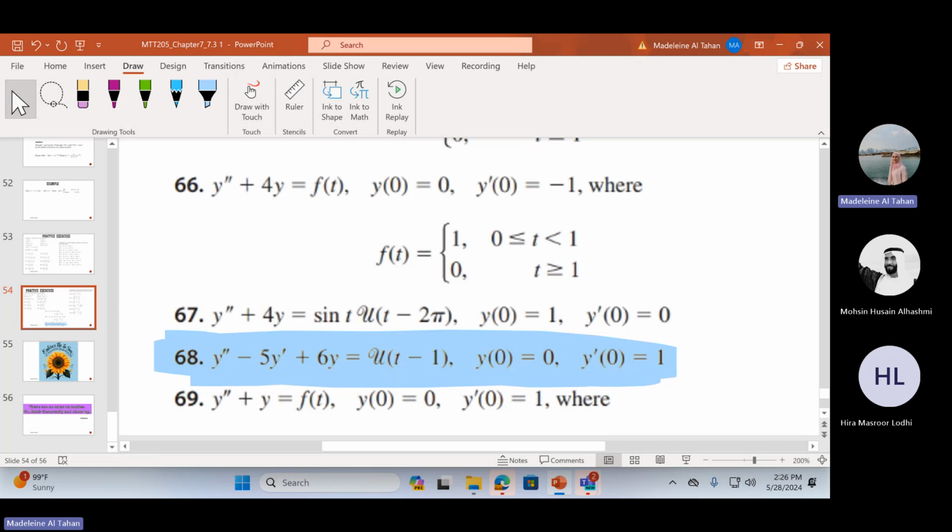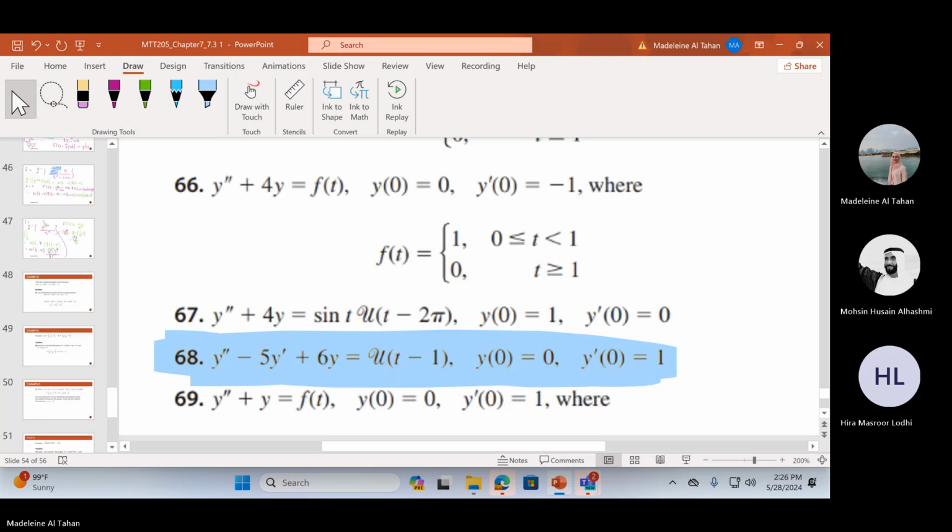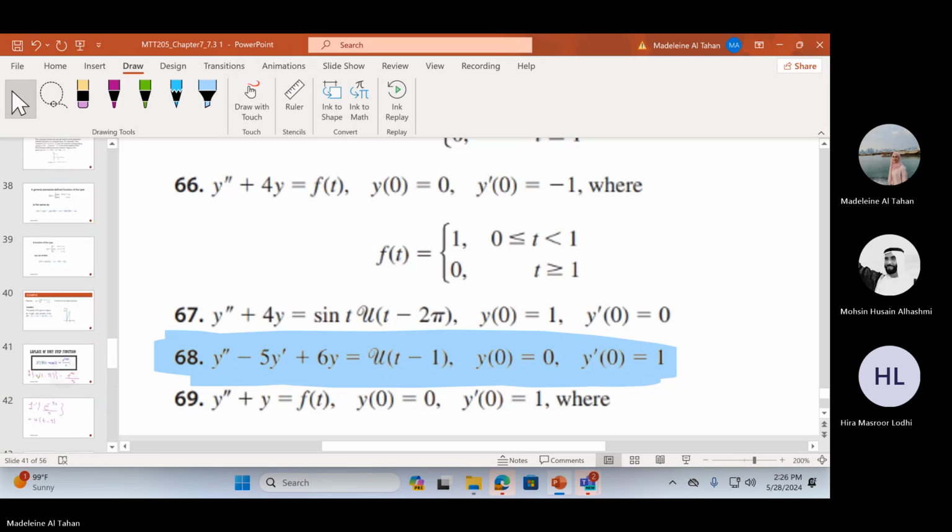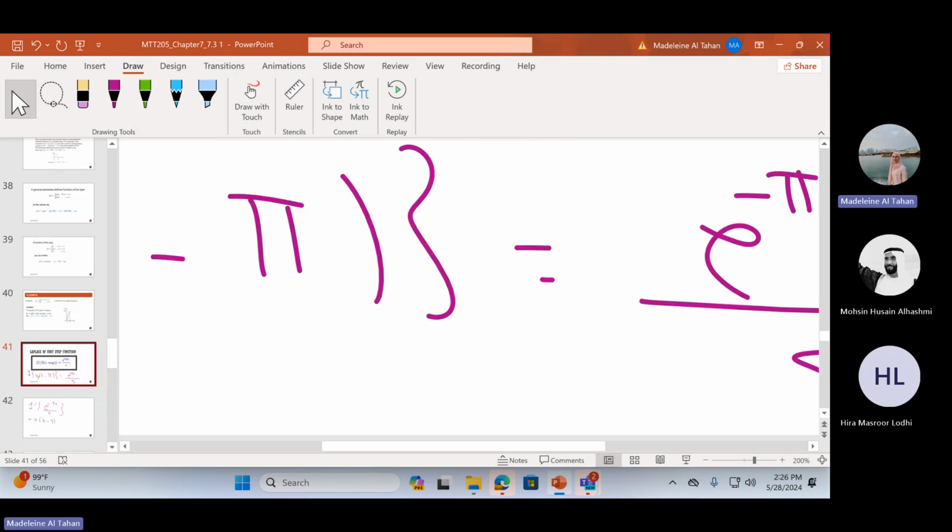It's e to the minus s over s, right? A is equal to 1, so I'm going to say it's e to the minus s over s.